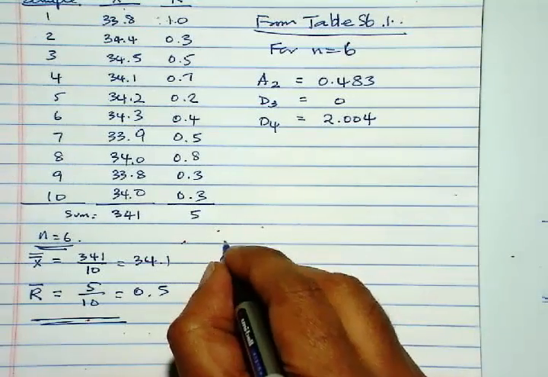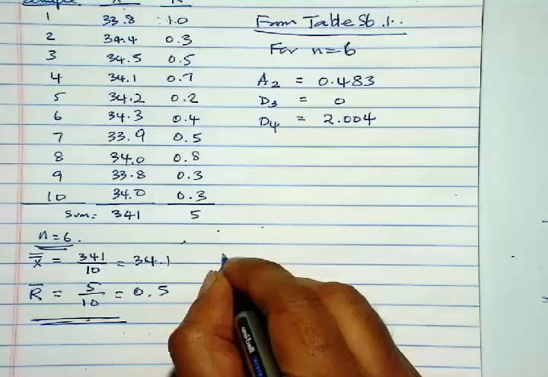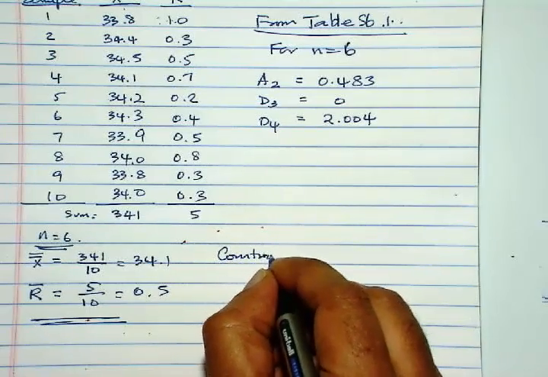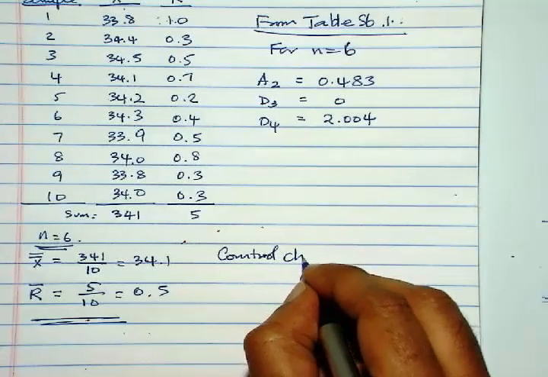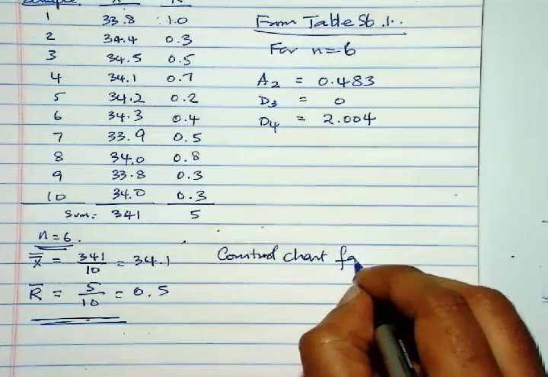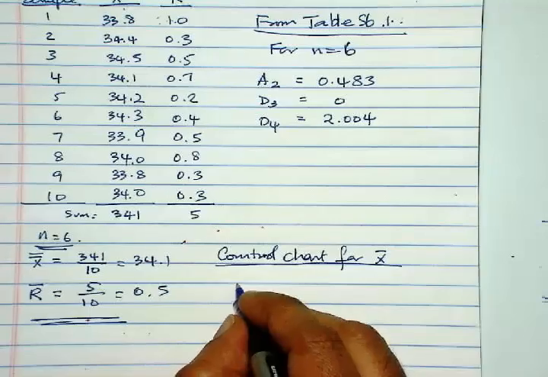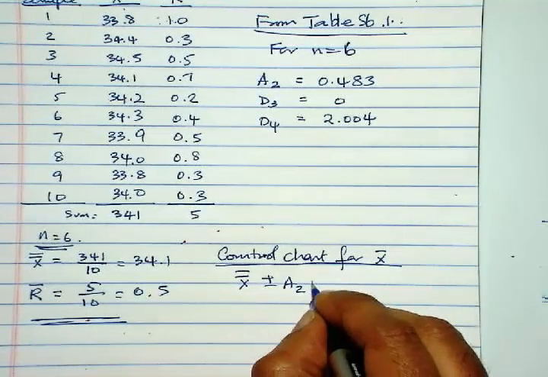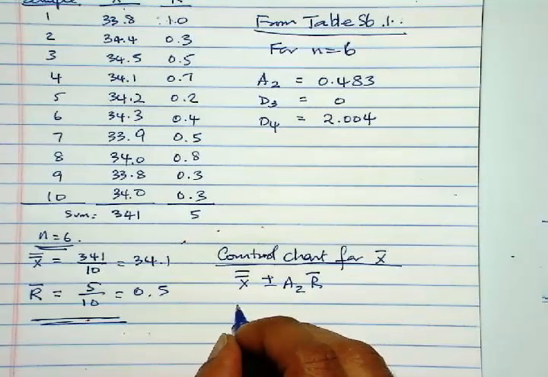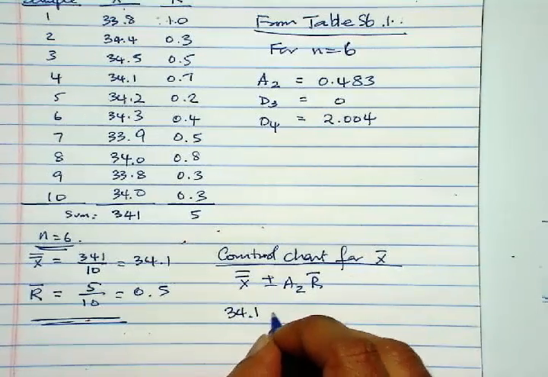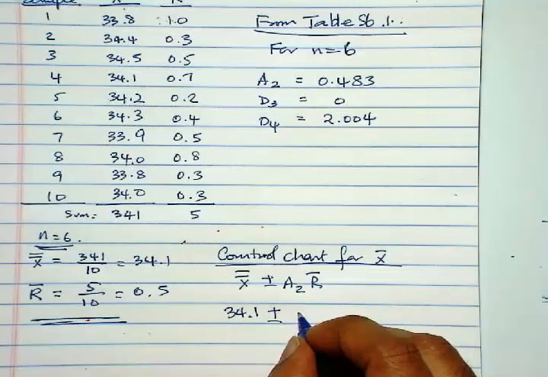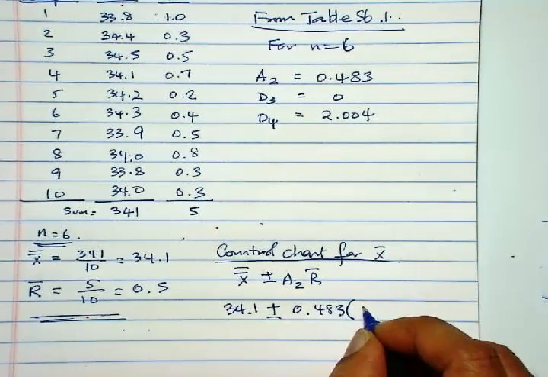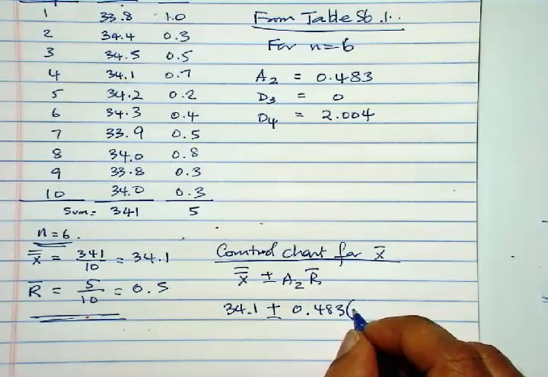So the control chart for x bar is x double bar plus or minus A sub 2 times R bar. So that will be 34.1 plus or minus 0.483 times R bar, which is 0.5.